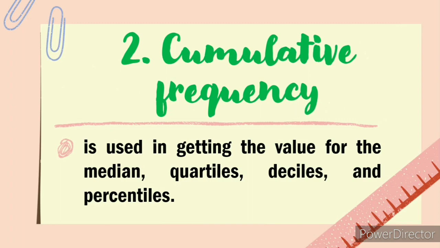It is used in getting the value of the median, the quartiles, deciles, and percentiles. Median is used for measuring the central tendency, and the quartiles, deciles, percentiles are used for measuring the central position of a certain data.